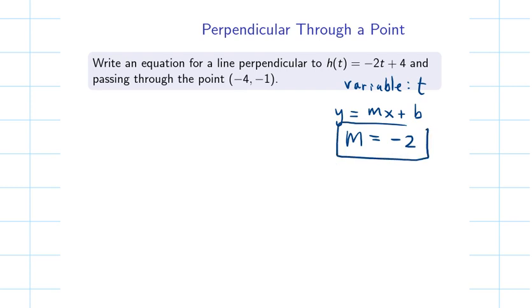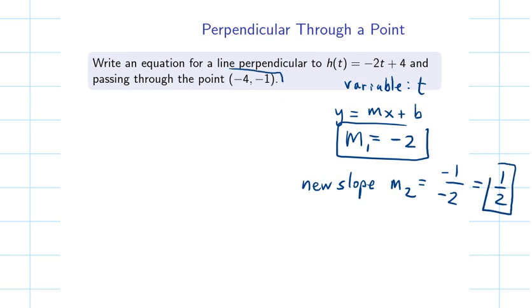So the new slope should be the negative reciprocal. Let's say m2, if we call this one m1, is the negative reciprocal, which is negative 1 over negative 2, which is 1/2. So I want a line with a slope 1/2, and it passes through the point negative 4, negative 1.